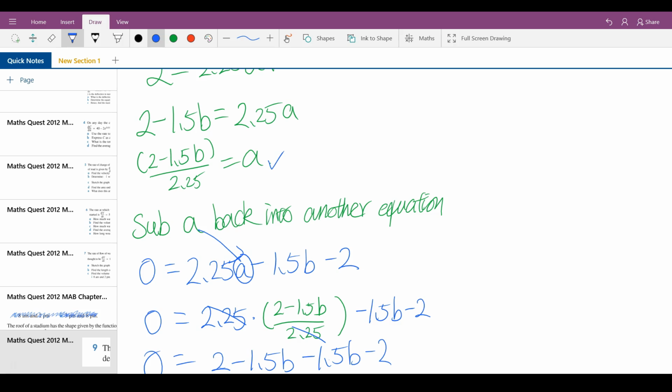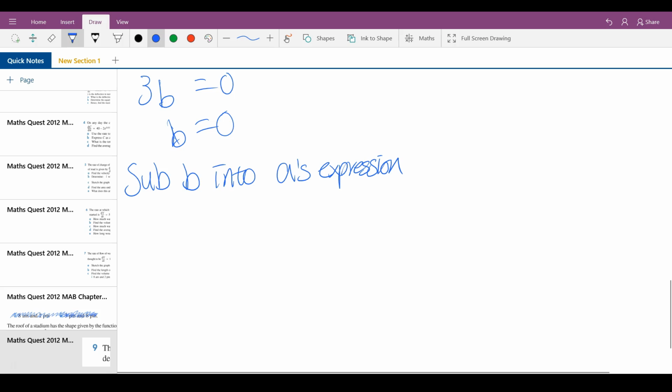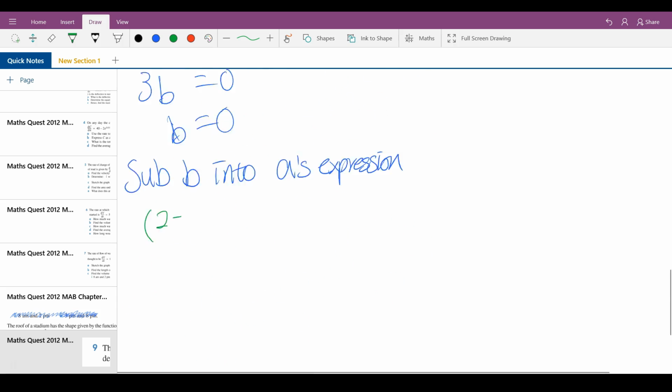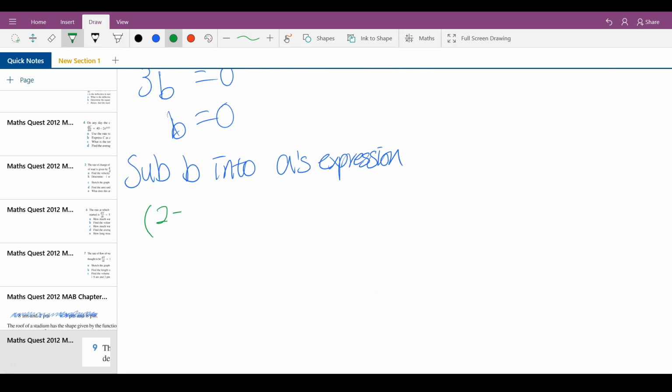So it's this one. So we got, let's draw it back down there. So we got 2 minus 1.5b over 2.25 equal a.